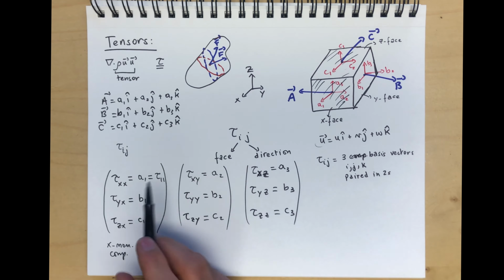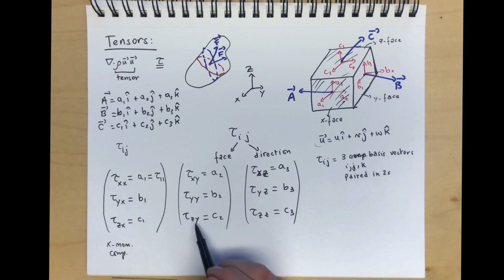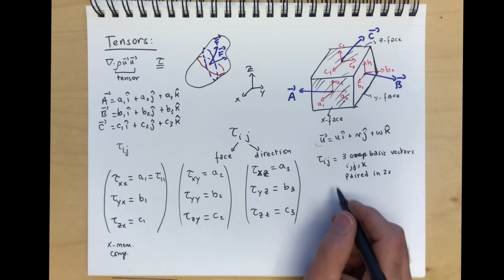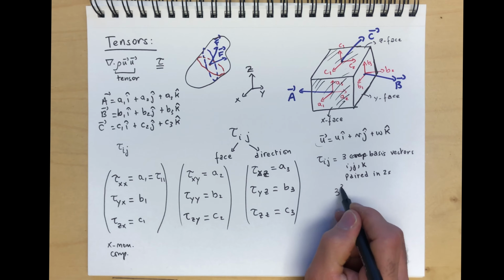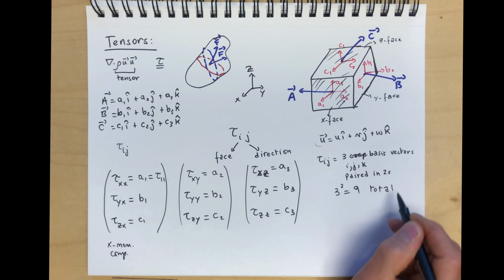So you get the 1, 1 direction, 2, 1, 3, 1, 1, 2, 2, 2, 3, 2, etc. So that's why you have 9 components. So that's 3 to the power 2, that's equal to 9 total components.